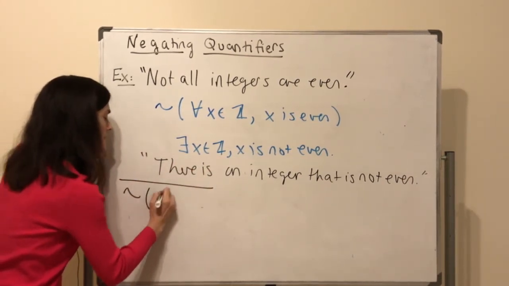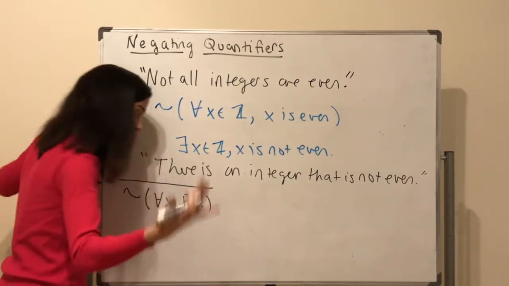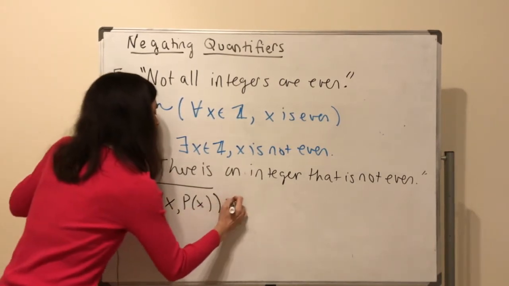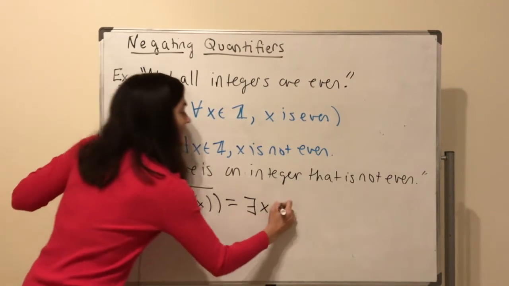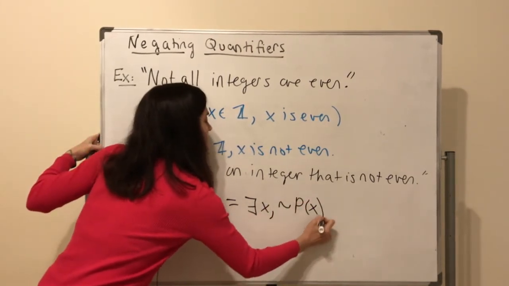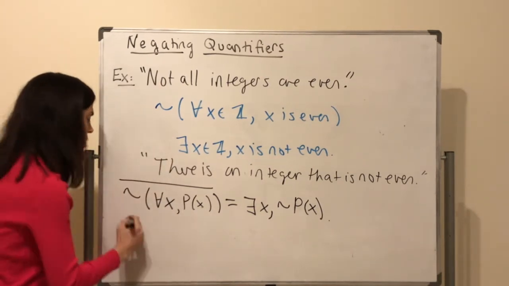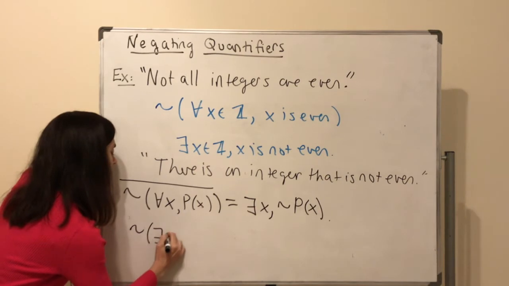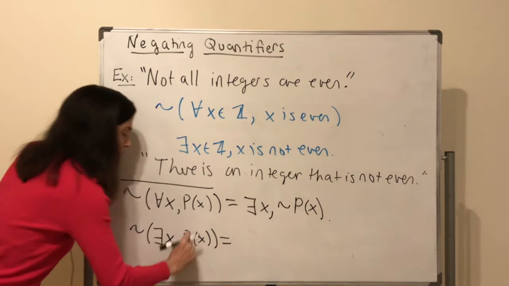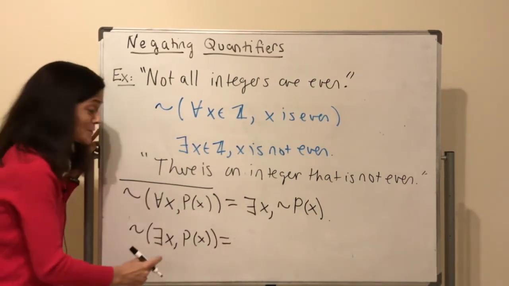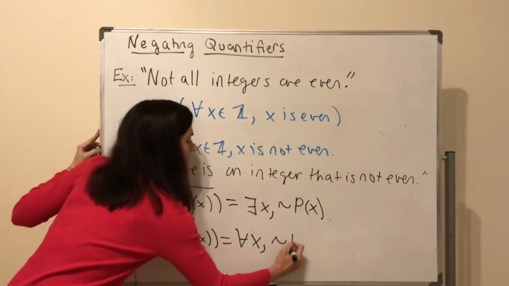If you negate for all x, p of x, and again, this would be for all x somewhere in some set, this is there exists x, not p of x. This is the one we saw in this example. But also, if we negate there exists x, p of x, well, you bring the negation inside. When you do, this one turns into a for all, and then you negate.